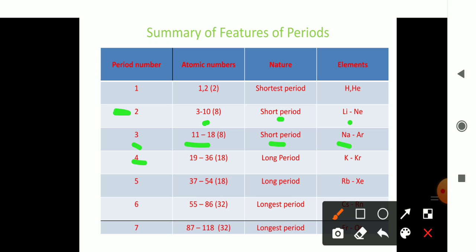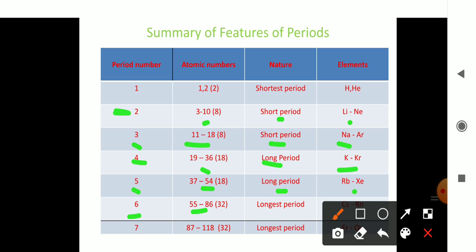Then period number 4, atomic numbers 19 to 36. Long period. Elements are from potassium to krypton. Then period number 5, atomic numbers 37 to 54, number of elements 18, it is a long period. The elements are from rubidium to xenon. Then period number 6, atomic numbers 55 to 86, number of elements present is 32.